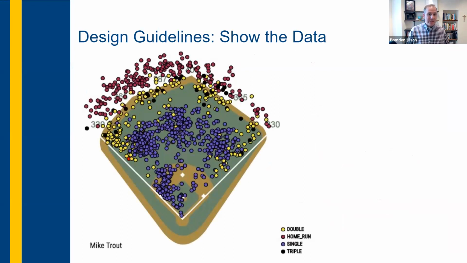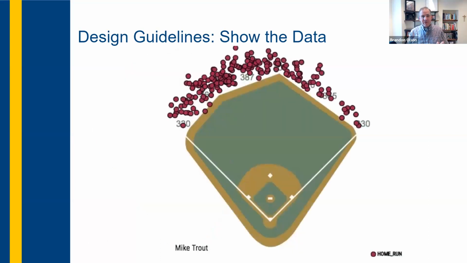So what we need to do is simplify this and determine what's really important for us to show. Rather than showing this kind of mess, we're going to focus just on home runs. And now we can see where those home runs were hit without all those other types of hits getting in the way. Focusing on what data we need to show is an important element.